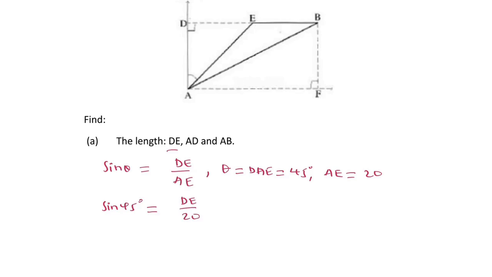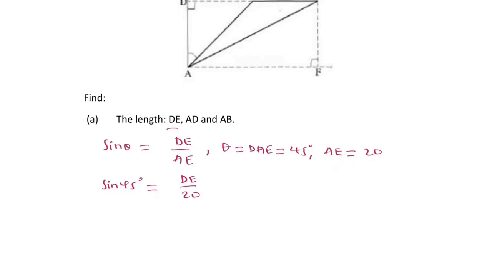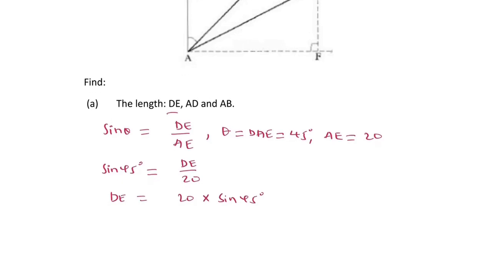Okay, so now let us make DE the subject. Then our equation is going to be DE equals 20 times sine 45 degrees. Okay, so reading from the table, the value of sine 45 degrees equals 0.7071. Okay, so let us substitute these values into our equation.